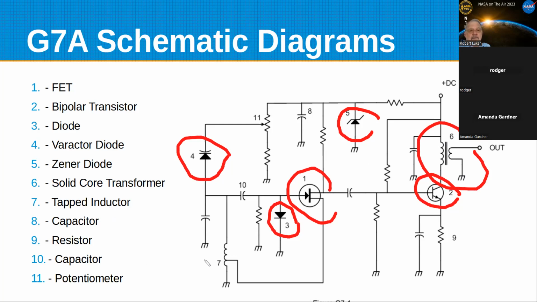Number 7 is a tapped inductor. This also, the way it's shown here, could be called an auto transformer. So depending on where this tap is, the number of turns between this end and the tap compared to the total number of turns will give you the turns ratio of that.